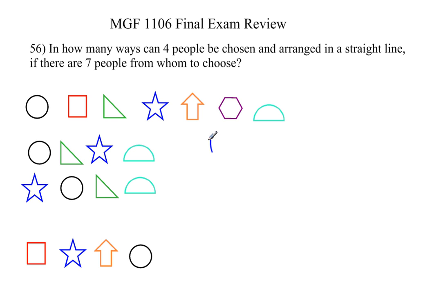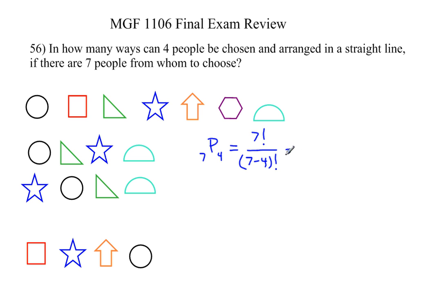The way to find the number of ways to choose 4 people from 7, or how many permutations there are of 7 people if I choose 4 at a time, by definition, is 7 factorial over 7 minus 4 factorial.